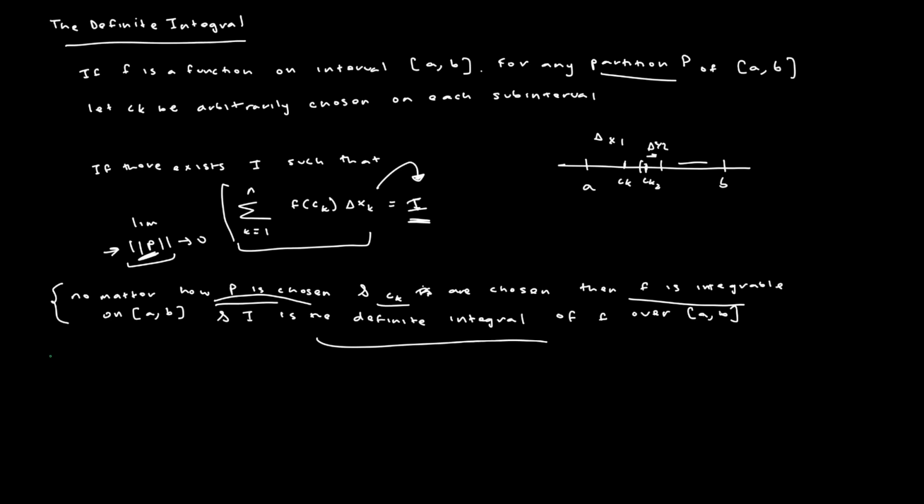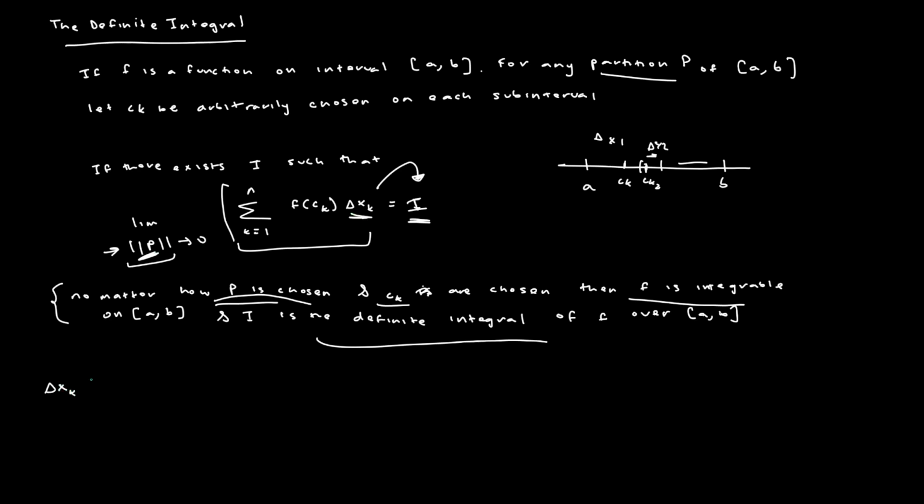So let's choose the partitions in a way that makes our arguments and our understanding down the line easier. Let's say delta xk, the size of the partition, is basically delta xk, right?